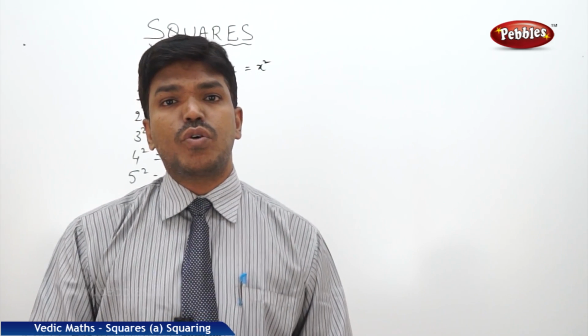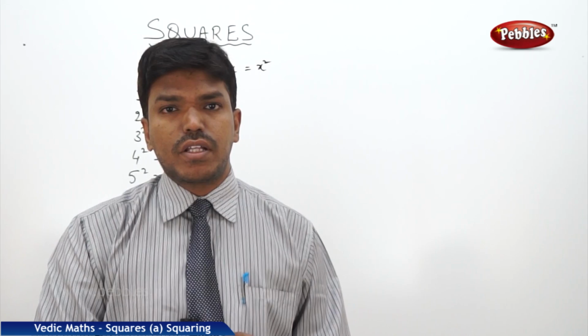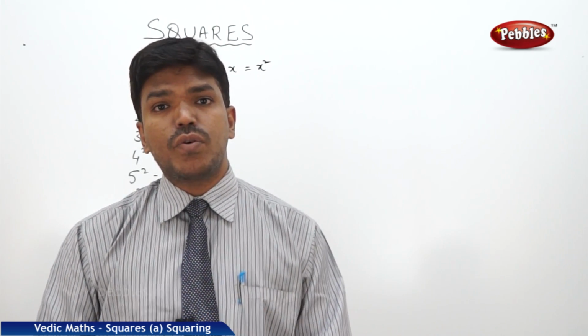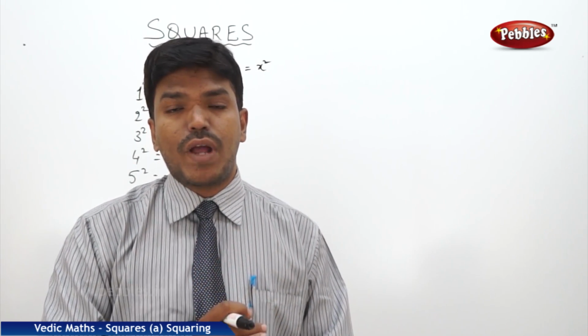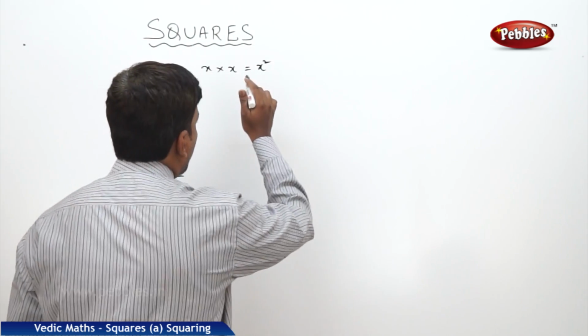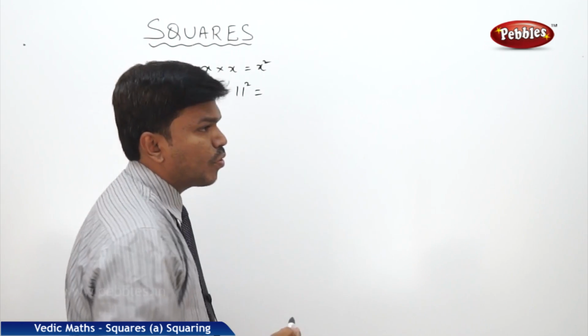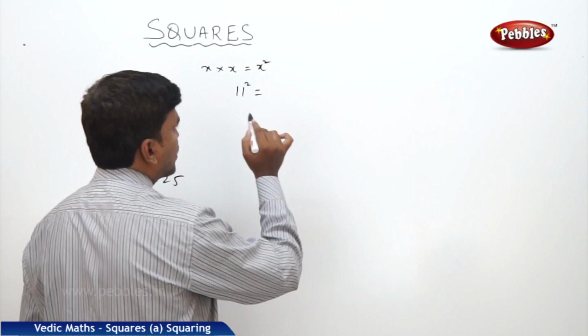Why? Because those who don't know the tables from 11 or 12 cannot tell the squares immediately. For those, we have one more different way to handle the squares. See here, suppose I want to know 11 square. Now simply do one thing.